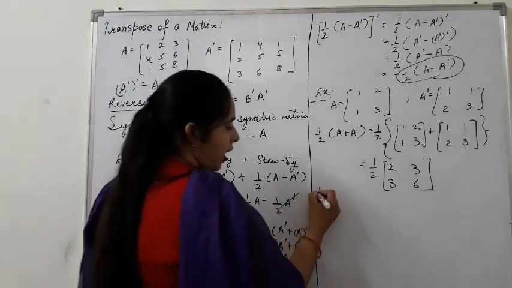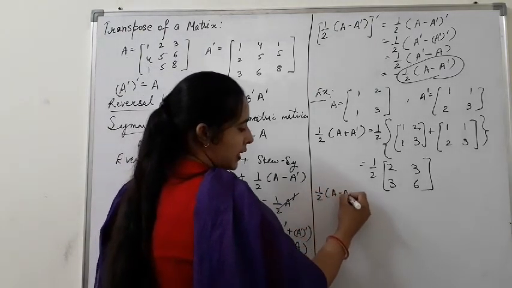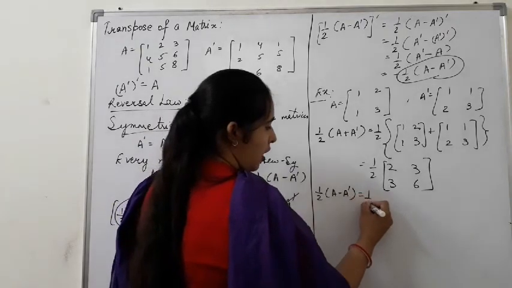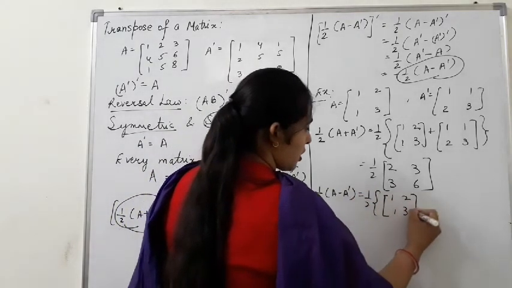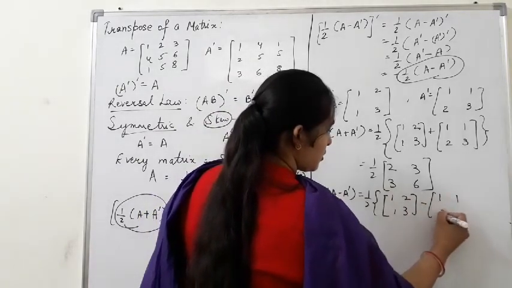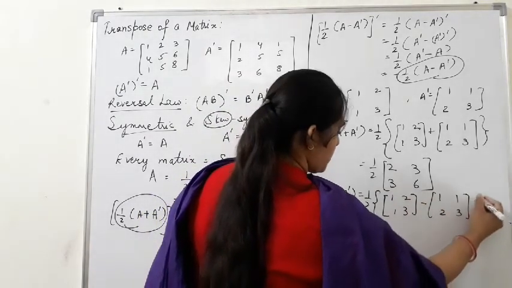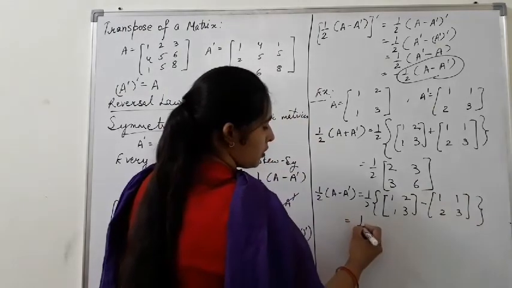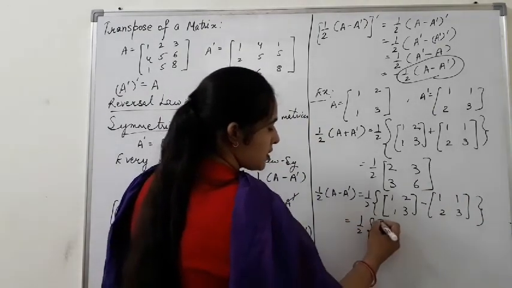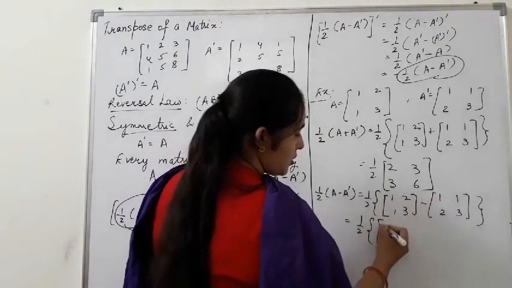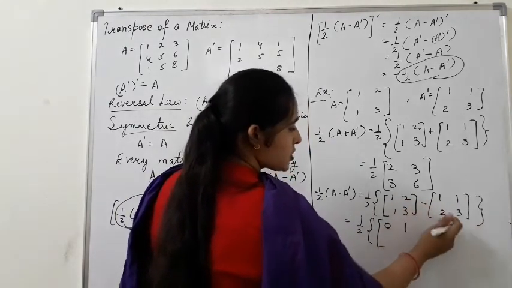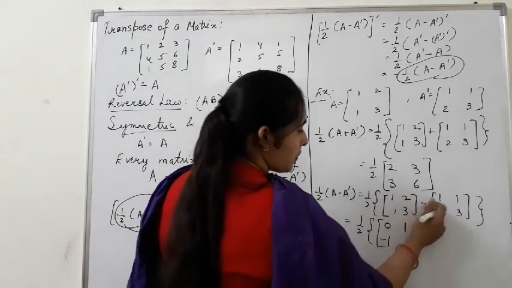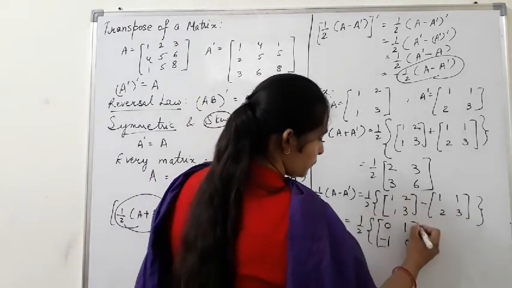Now find half of A minus A dash. This is half of matrix A, this is matrix B, B means A dash. Now subtract these two matrices. This is 1 minus 1, 0, 2 minus 1, 1, 1 minus 2, minus 1, 3 minus 3 is 0.